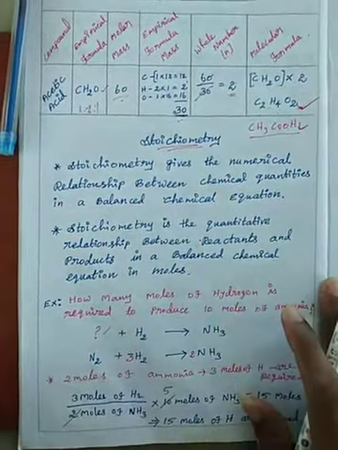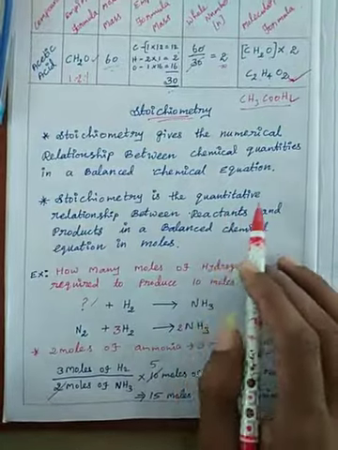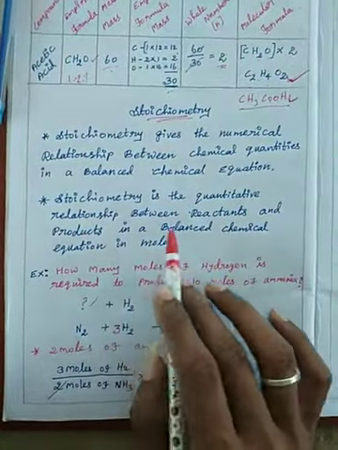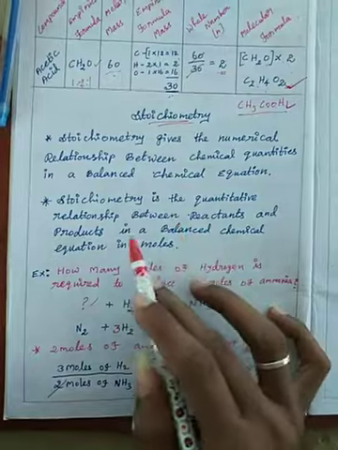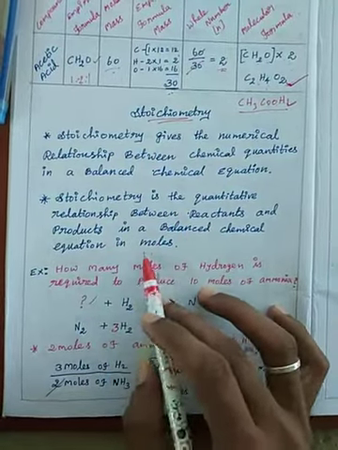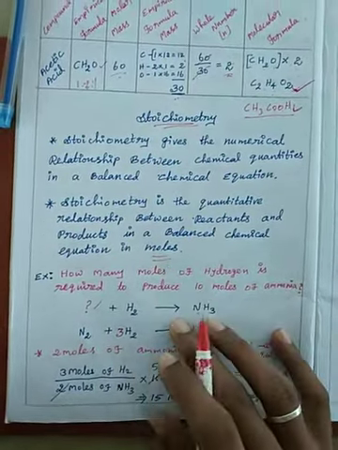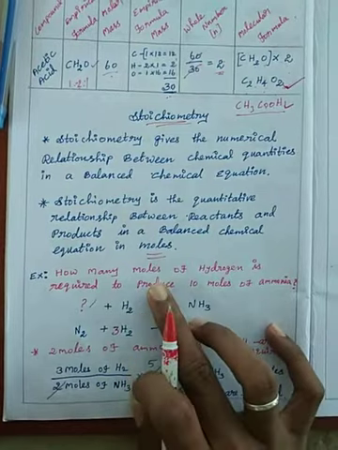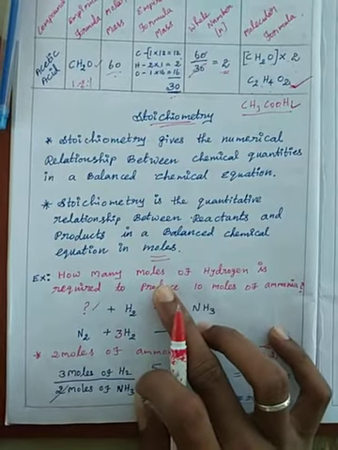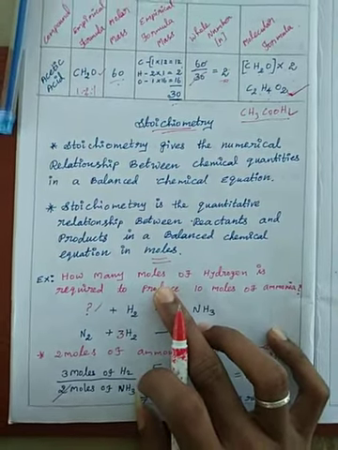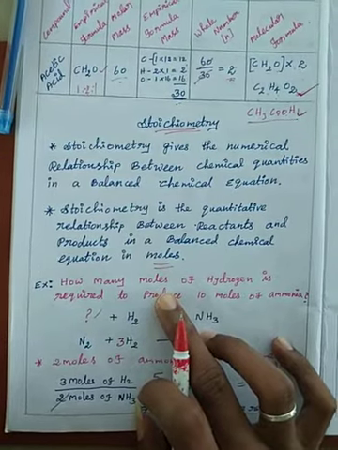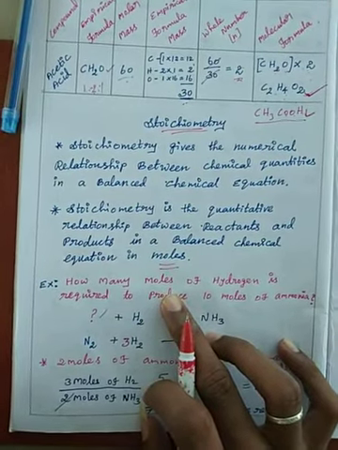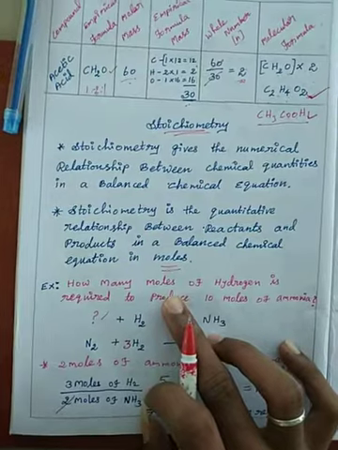The quantitative relationship between reactant and product in a balanced equation is called the mole concept. Example: 100 ml of milk takes 2 teaspoons of sugar, so for 1 liter of milk, how many teaspoons of sugar, students?